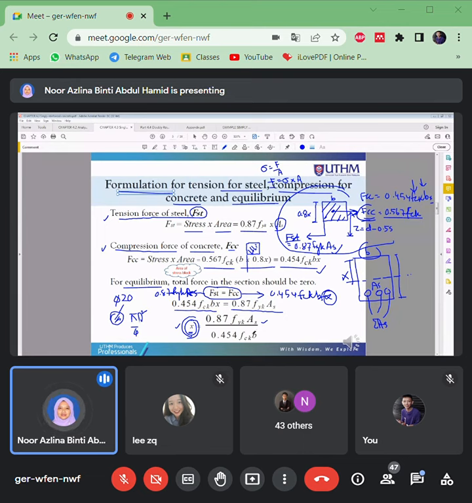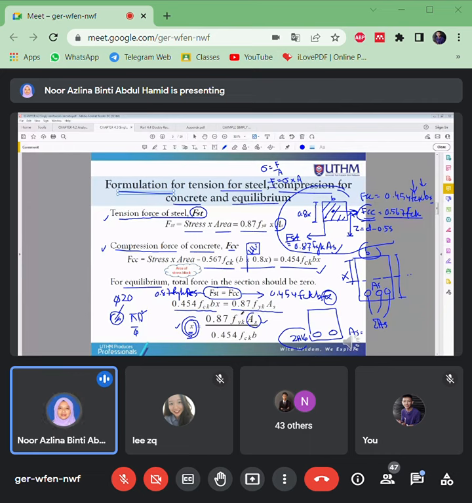From this equation, if you know the value of AS, if it's given, sometimes the question gives you the value of AS directly, like 2H16. From 2H16 you can already know what the AS actually is.